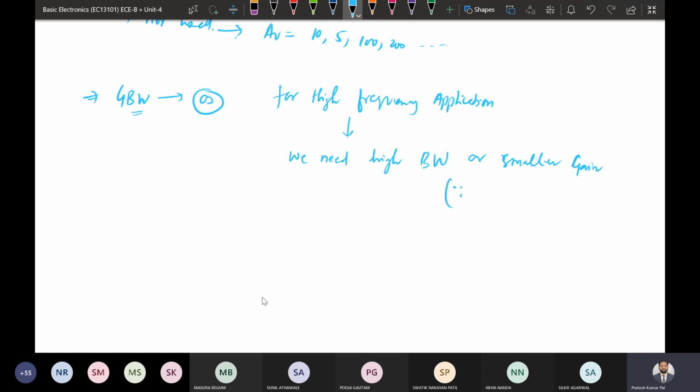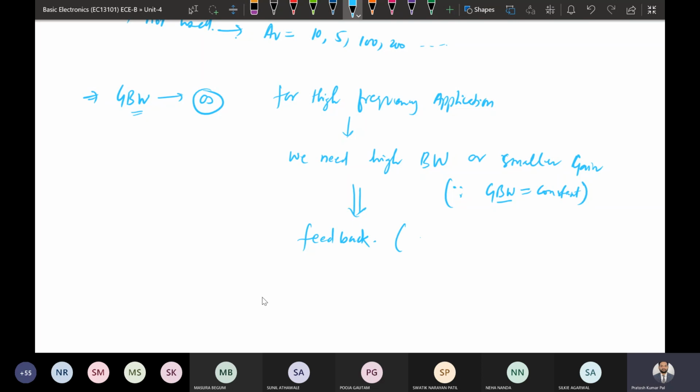Why? Because the gain bandwidth product is always constant. So if we are going to increase bandwidth, we need to reduce the gain. To reduce the gain, we will use the concept of feedback.